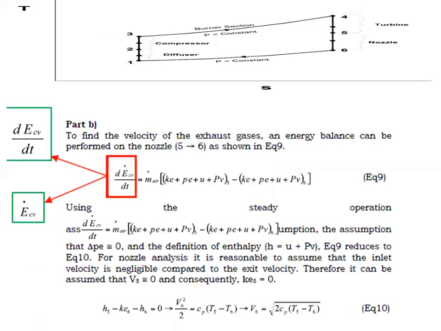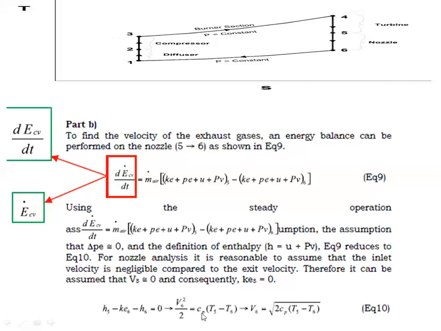Now let us apply the 5 to 6 process, and 5 to 6 is a nozzle. Applying the steady flow energy equation for 5 to 6, the kinetic energy at 5 is equal to 0, that is, the velocity at 5 is 0. Therefore h5 minus the kinetic energy at point 6 must be equal to h6, that is, v6 squared by 2 is equal to cp (T5 minus T6).